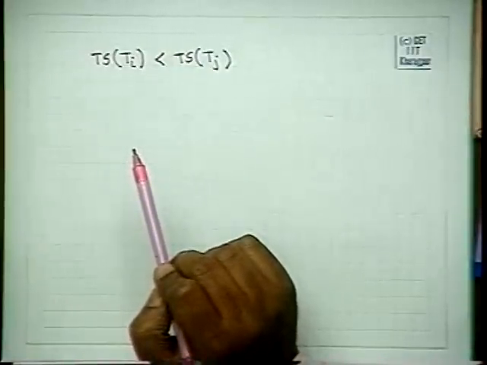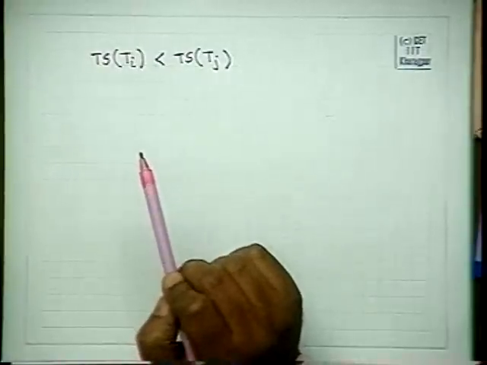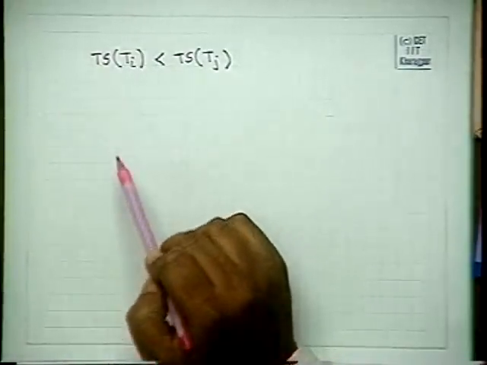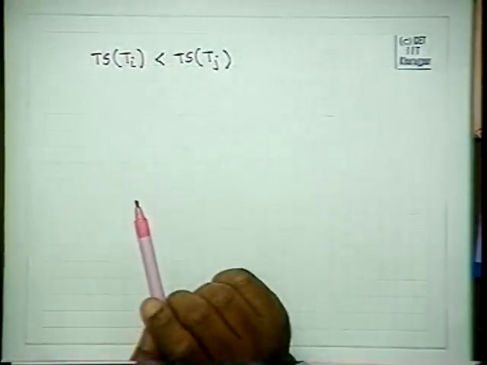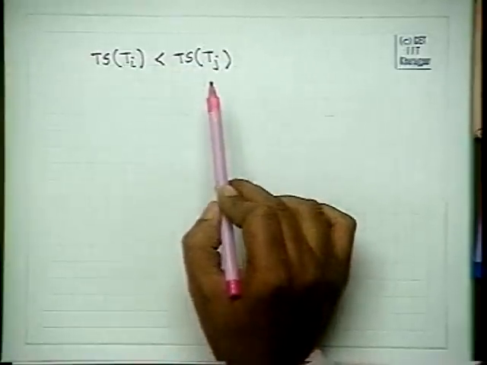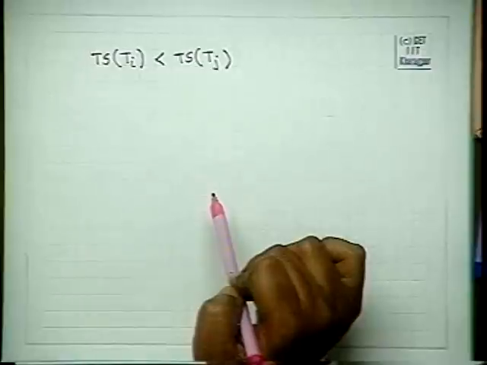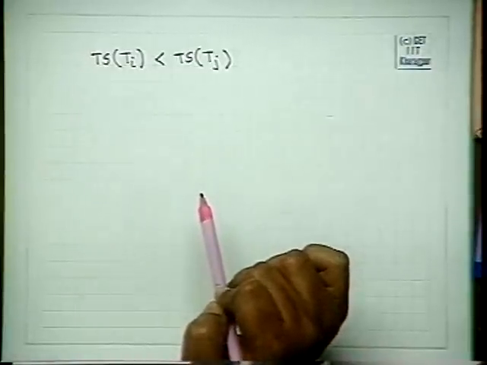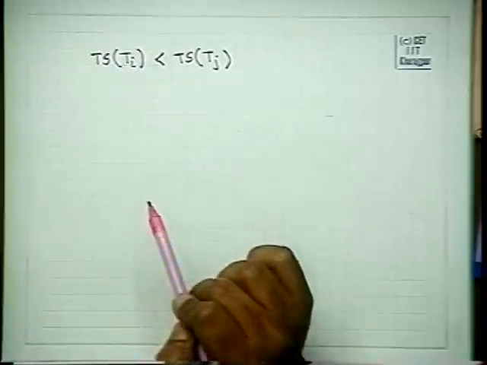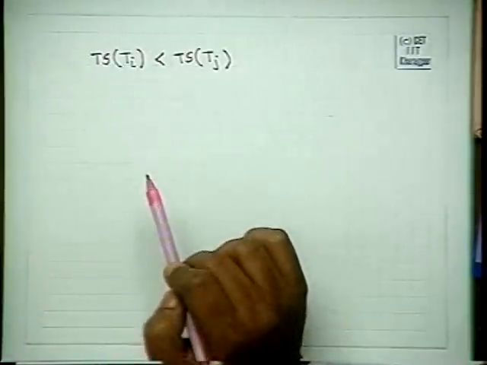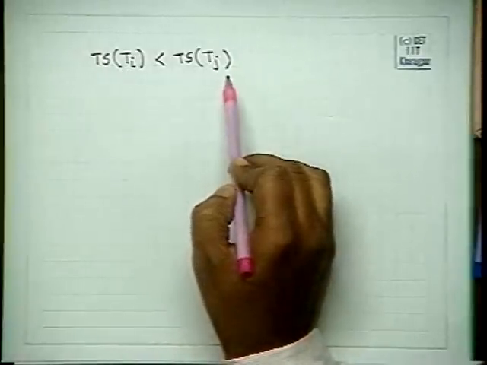Our timestamp based protocols will try to check whether the concurrent execution may become inconsistent, that is, whether it will not be serializable. So, whenever TS(Ti) is less than TS(Tj), during a concurrent execution it will always try to ensure that the schedule is serializable to Ti followed by Tj.